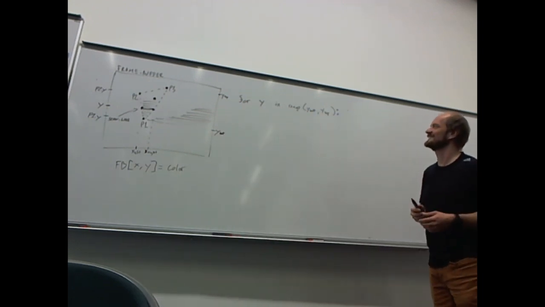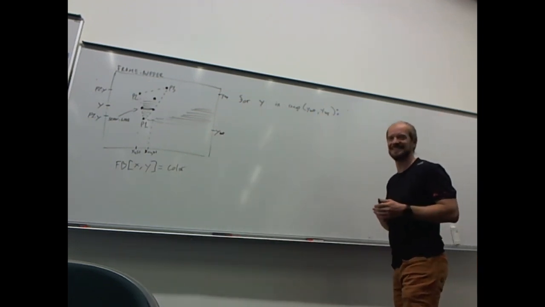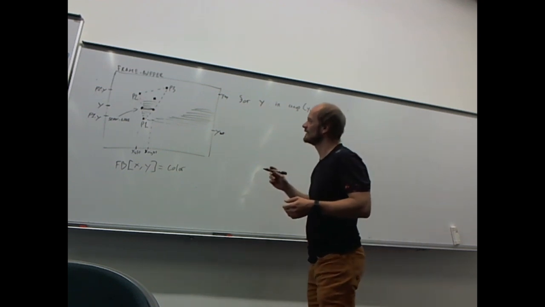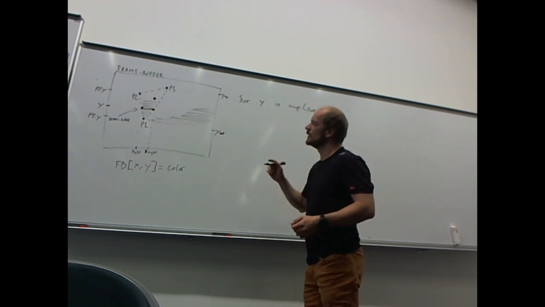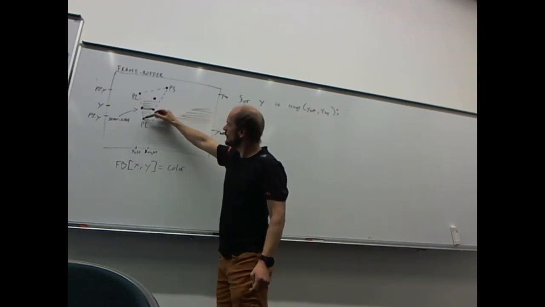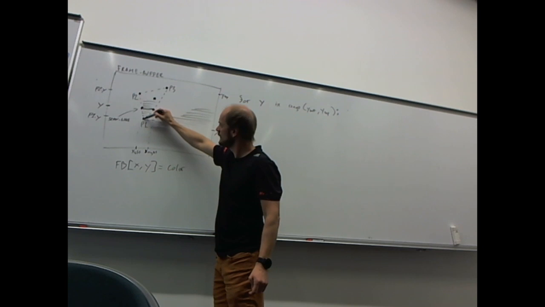I can, yes. Can you tell me how? 1 minus the distance for P2, distance for P1. Okay, distance from where to where? From P1y to the y you're scanning.